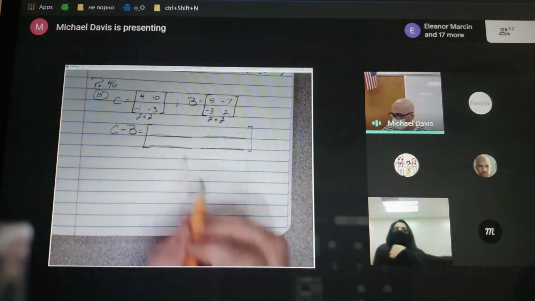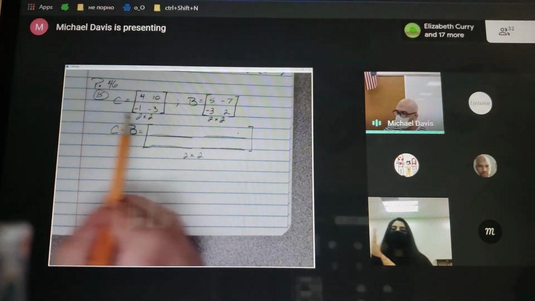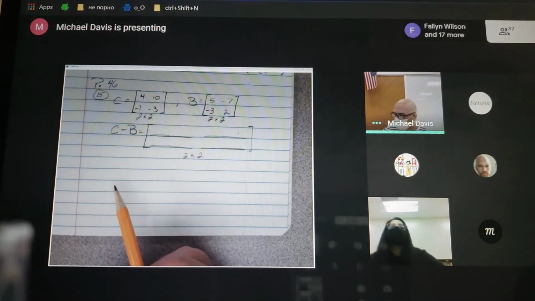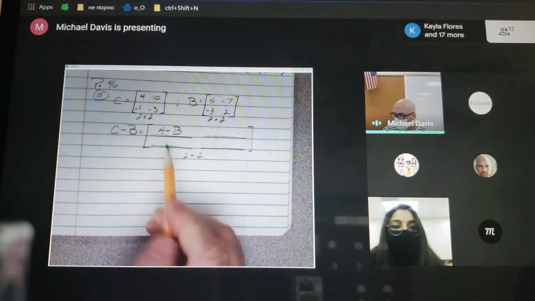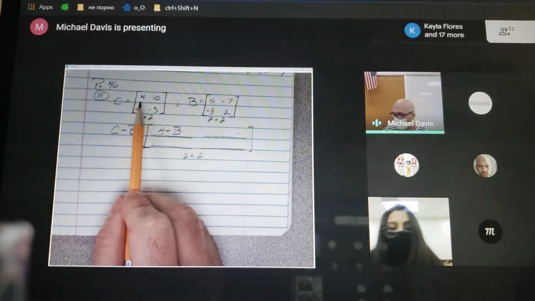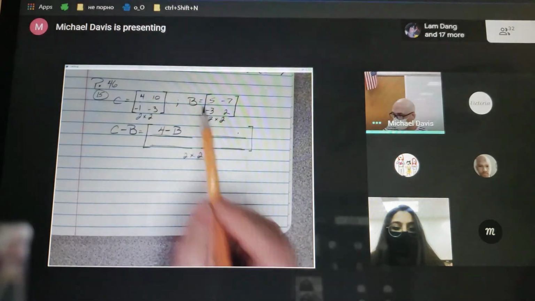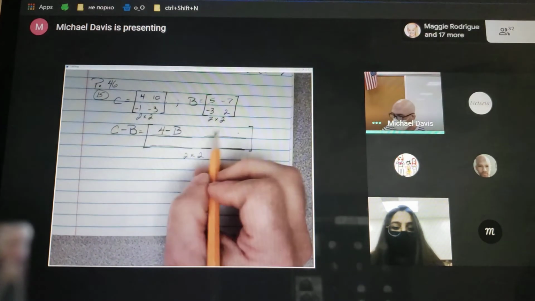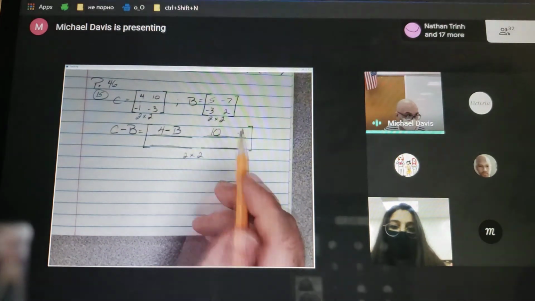And I like making a fill-in-the-blank question for it. Especially if you write the matrices in the order in which you're going to do the subtraction, when you go to write it out, the row 1, column 1 position for matrix C minus row 1, column 1 position for matrix B. When we go to row 1, column 2, the only thing I'm going to be particular about is making sure you don't write minus a negative 7.